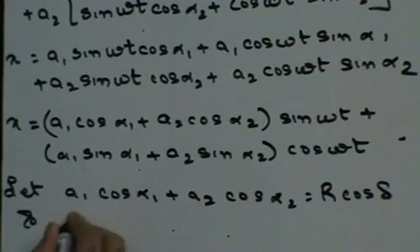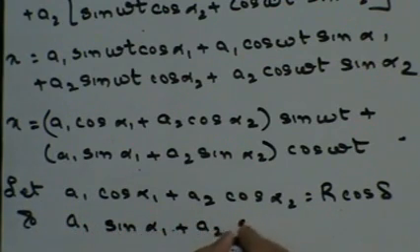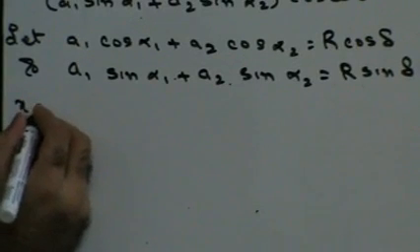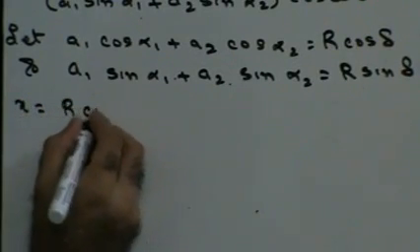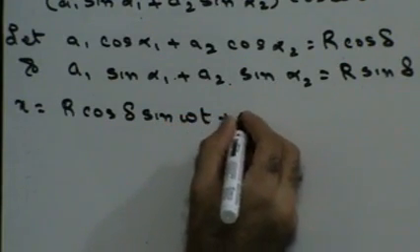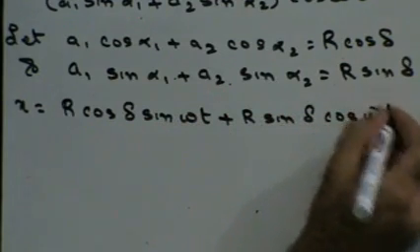Similarly, A1 sin alpha 1 plus A2 sin alpha 2 is R sin delta, in which case I will get displacement x is equal to R cos delta sin omega t plus R sin delta cos omega t.